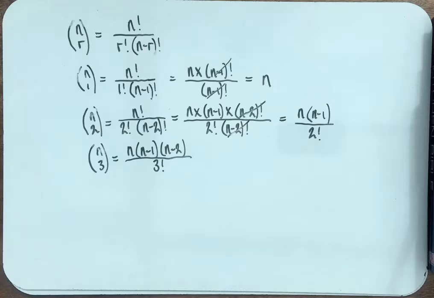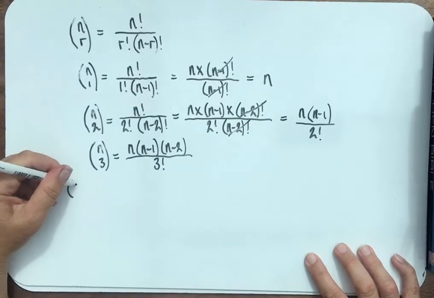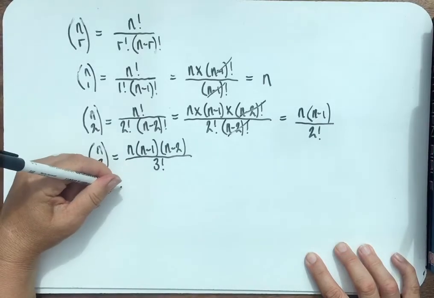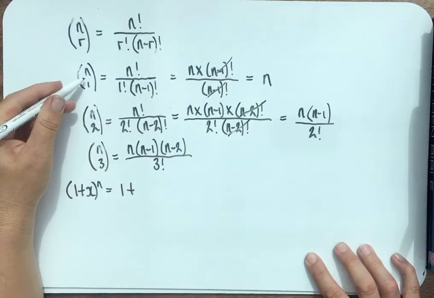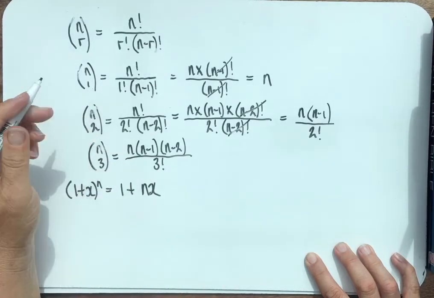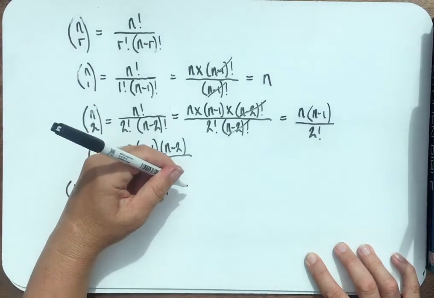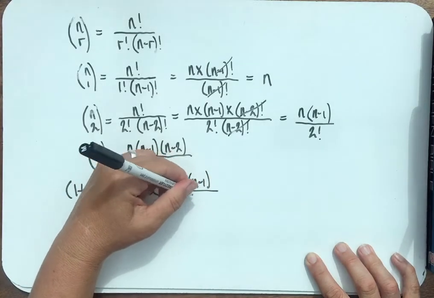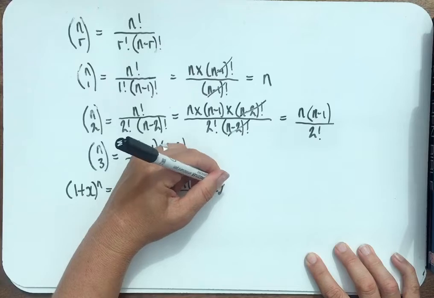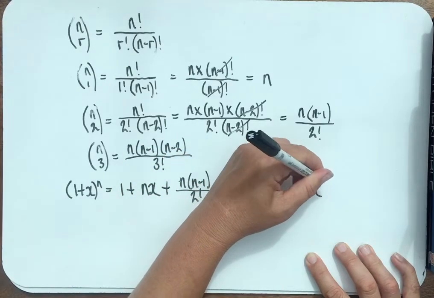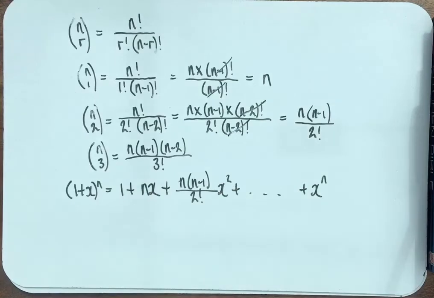So it follows that (1 plus x) to the power n is equal to 1. So I'm just replacing the n choose 1 in the formula I had on the other board. And then all the way up to x to the power n.